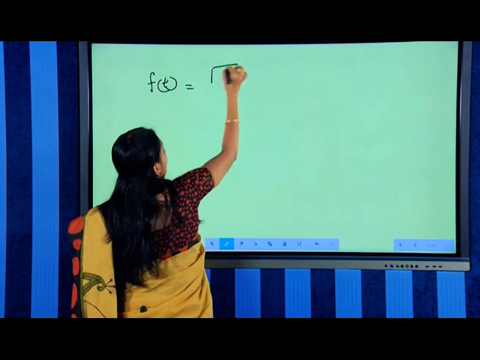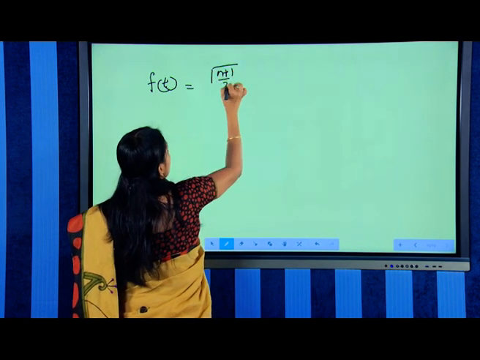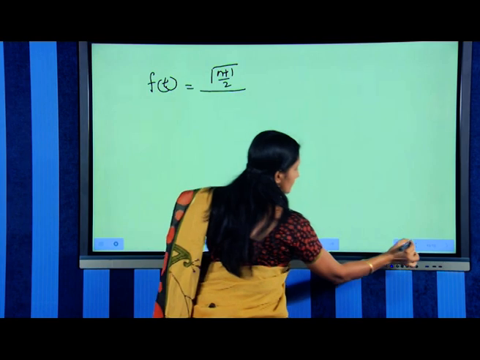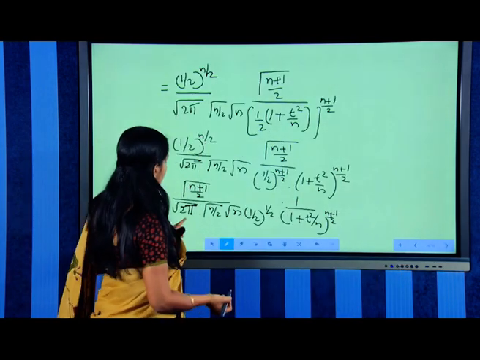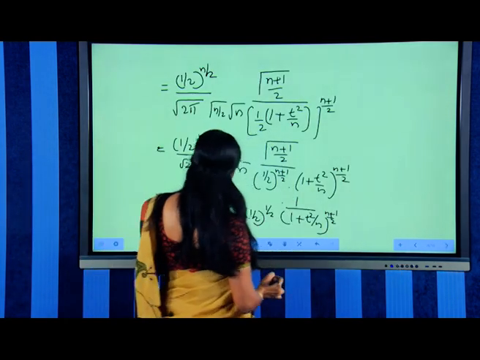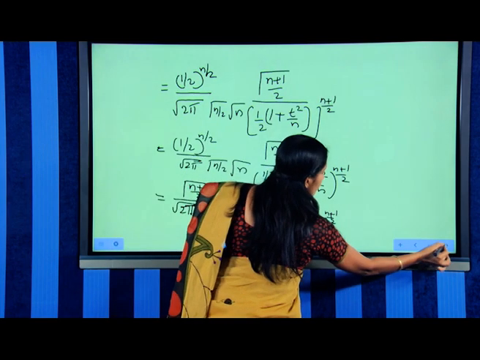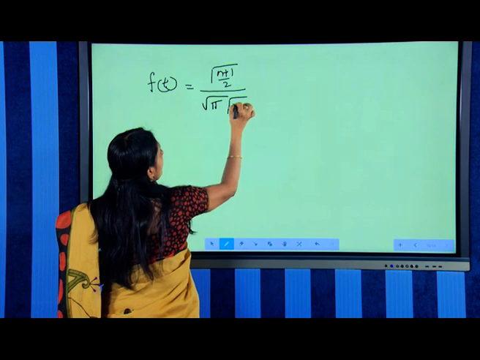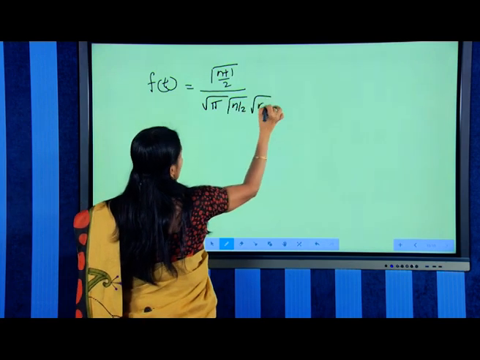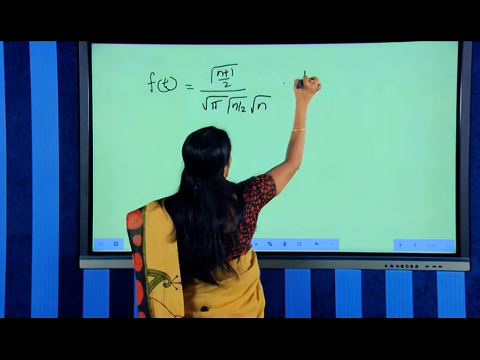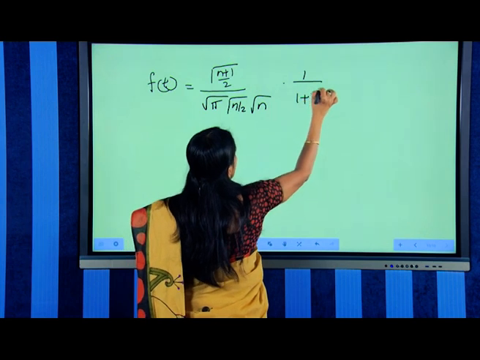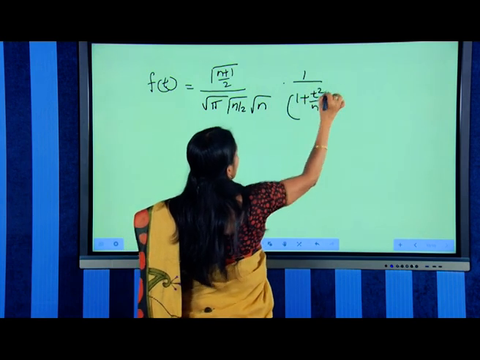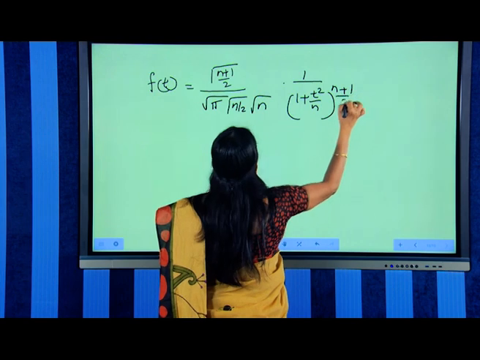Finally we get f of t is equal to gamma n plus 1 by 2 divided by root pi gamma n by 2 into root n, into 1 by 1 plus t square by n raised to n plus 1 by 2.